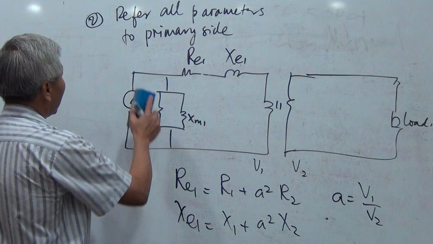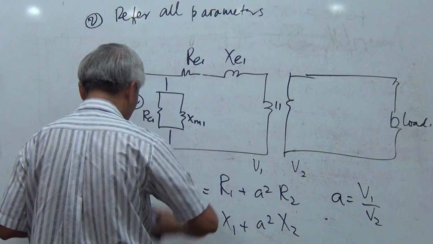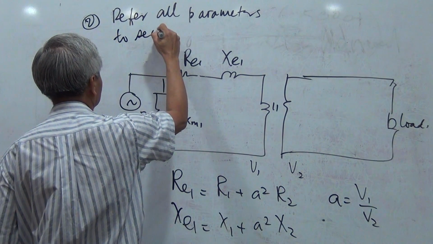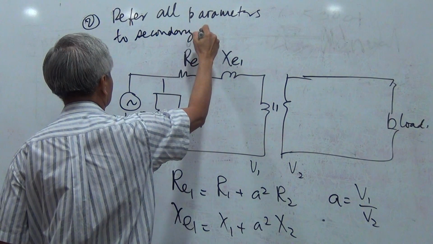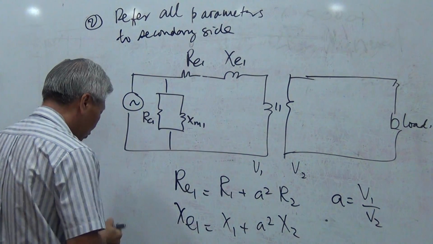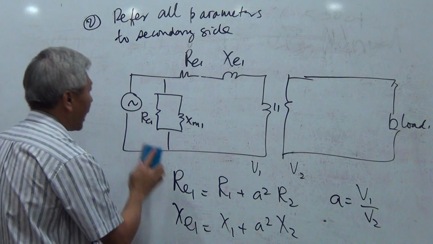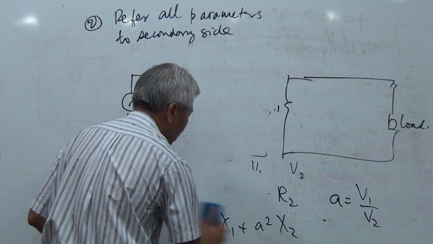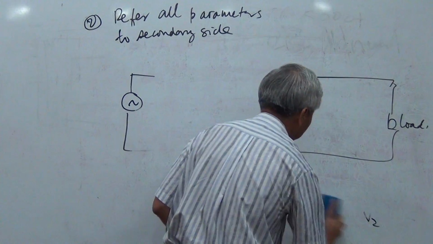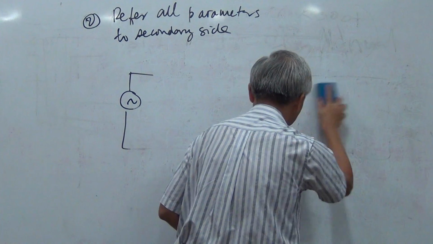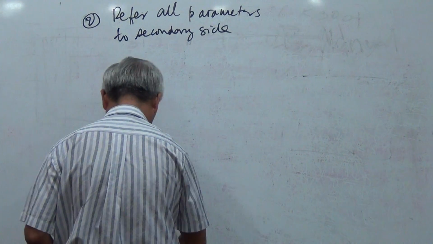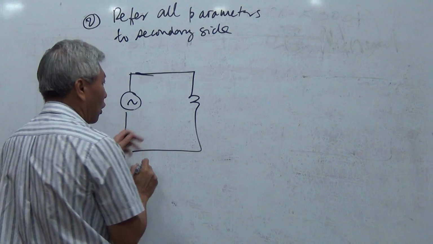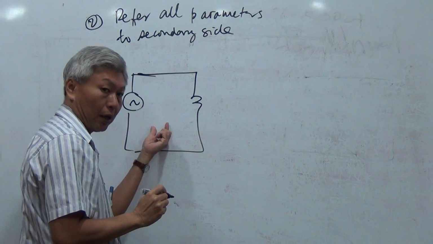Okay, so now we learn how to refer parameters to the secondary side. Now to refer parameters to the secondary side, this time, all the things in the primary must go to the secondary. So this is the primary side. If you recall what's in here, there was a parallel structure here, right?